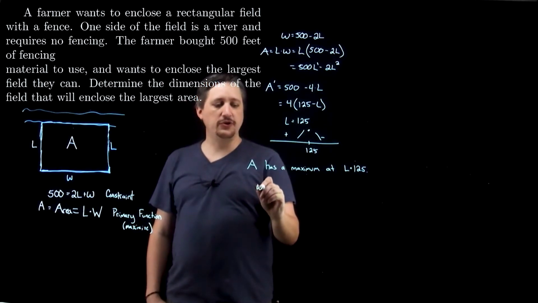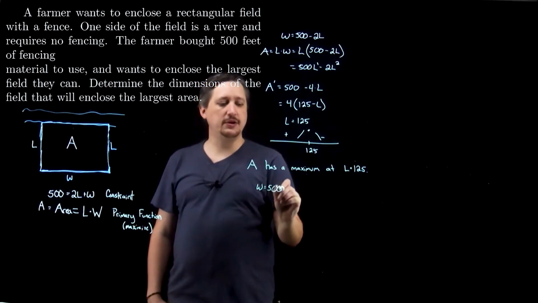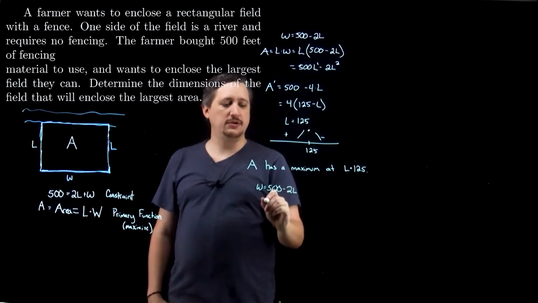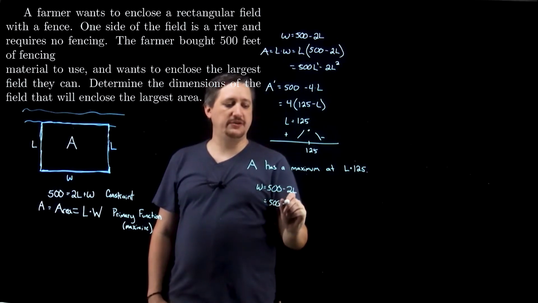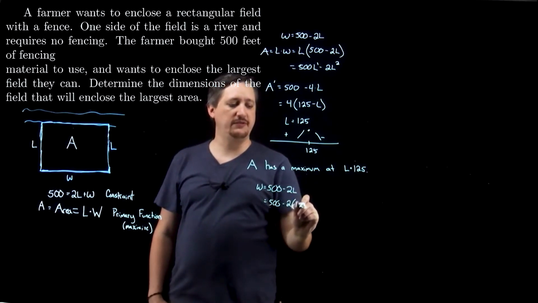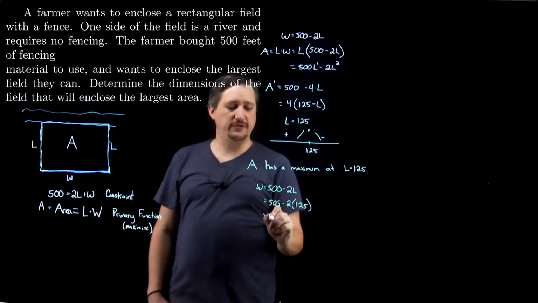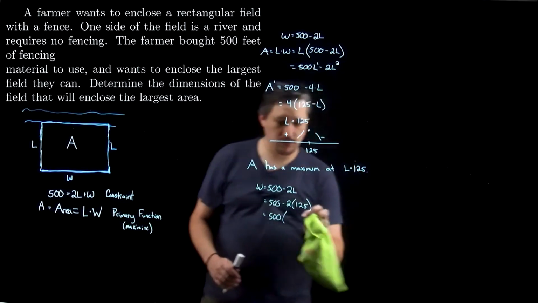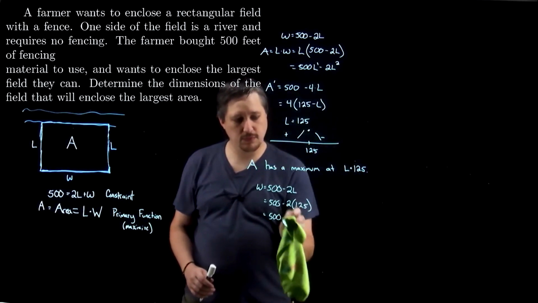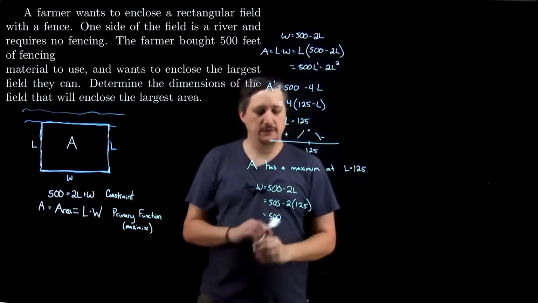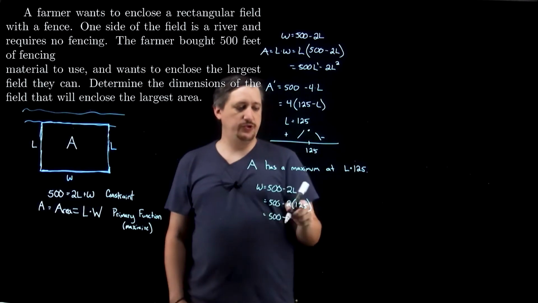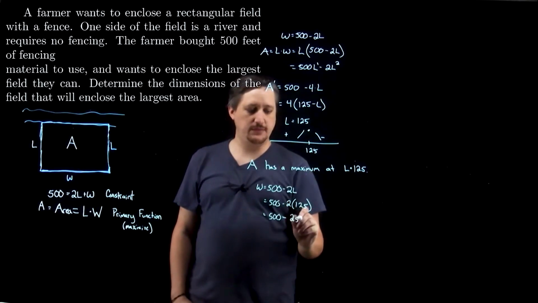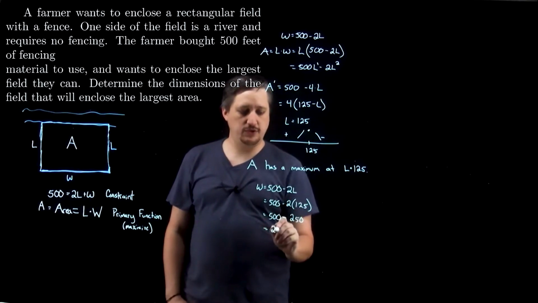So I know W is 500 minus 2L, which is 500 minus 2 times 125, which is 250.